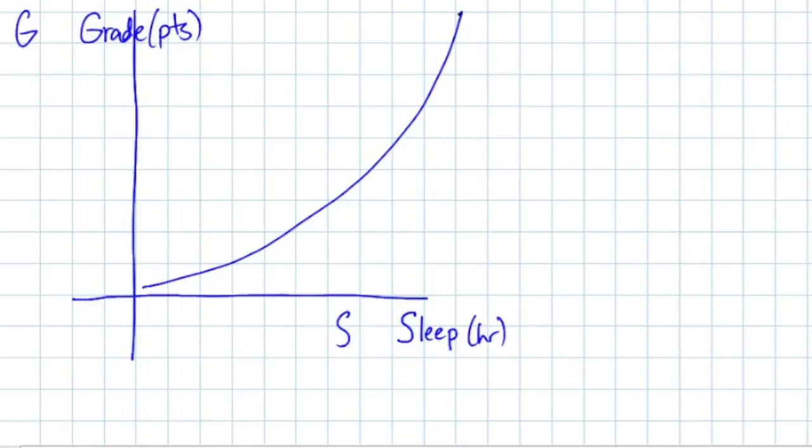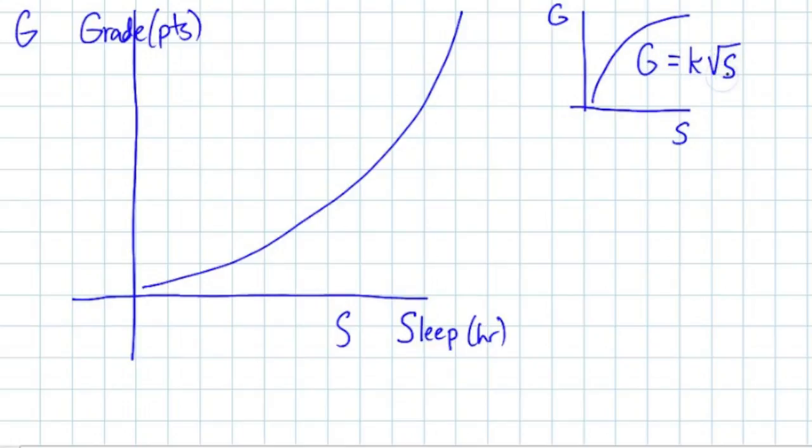In our example, we could say, alright, does this look kind of like a square root graph? So this is like grades and sleep, and it's like grade is equal to some constant times the square root. In other words, y equals k square root of x.